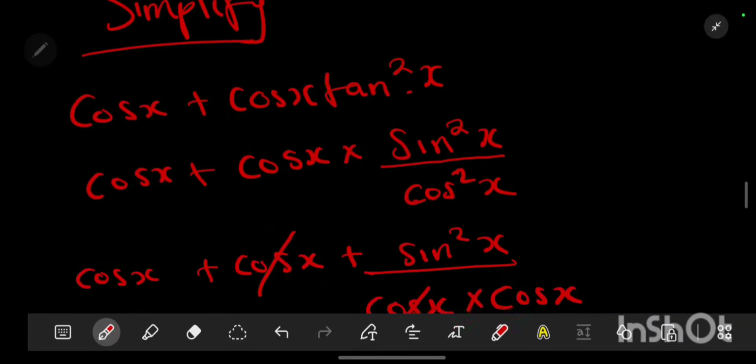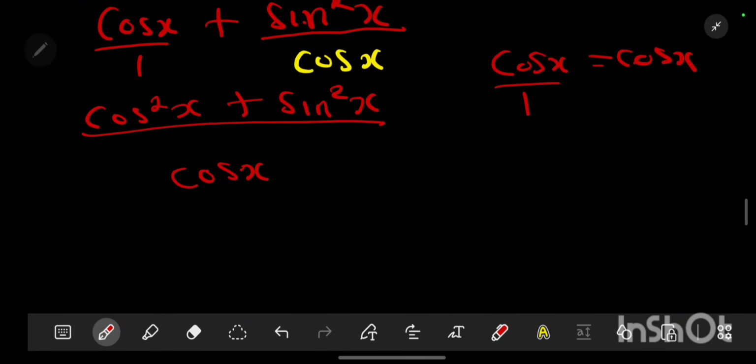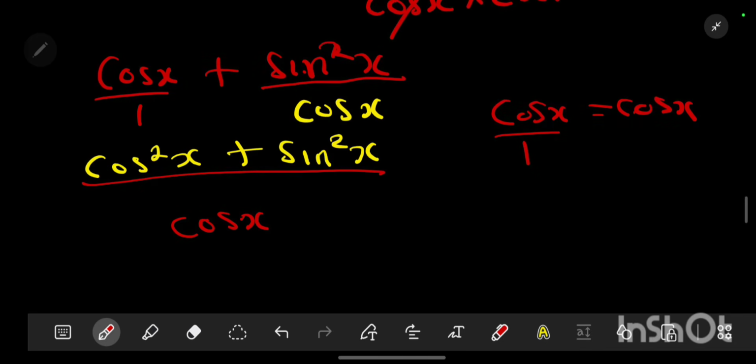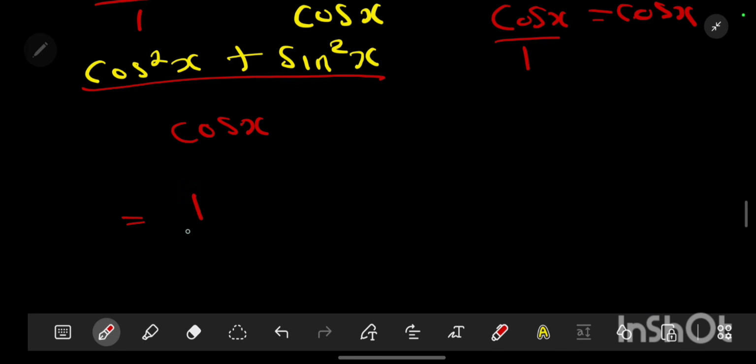Now we are simplifying, so this will be equal to, remember, cos squared x plus the sine squared x gives us 1. So this is going to be 1 over the cos of x, like that. So if this is the case, we know that as long as you have 1 over cos, this will give you the secant, or the sec of x, like that.